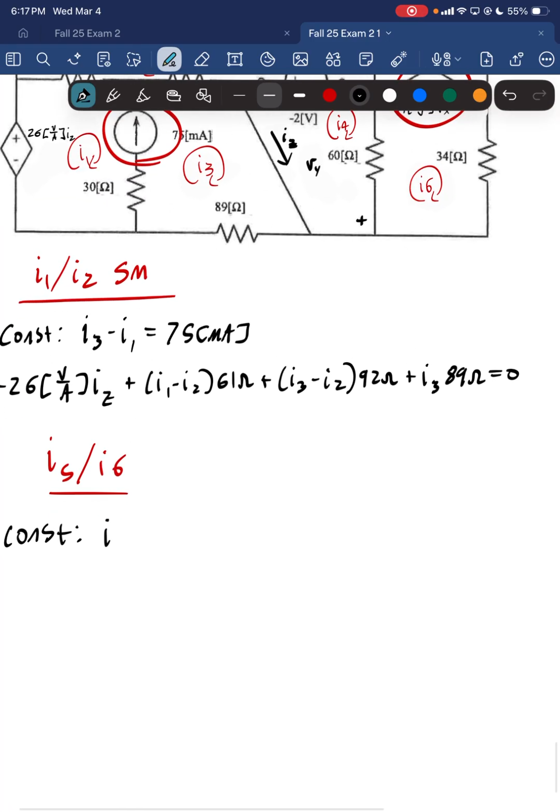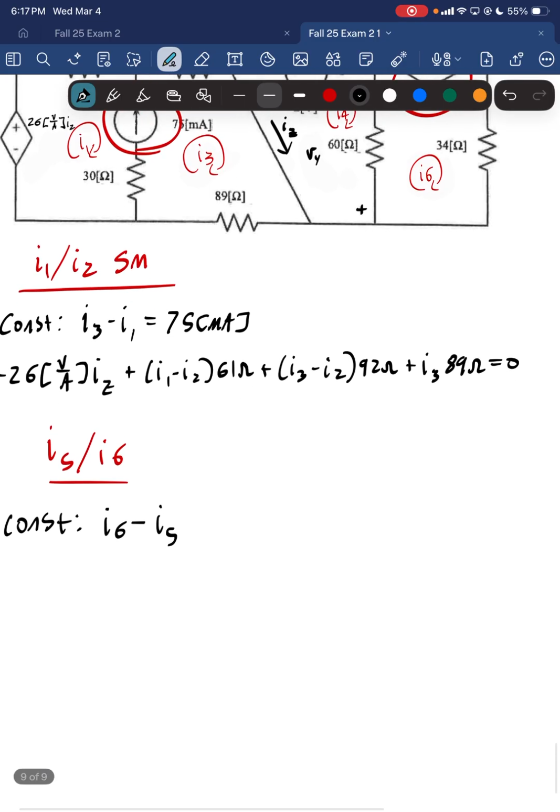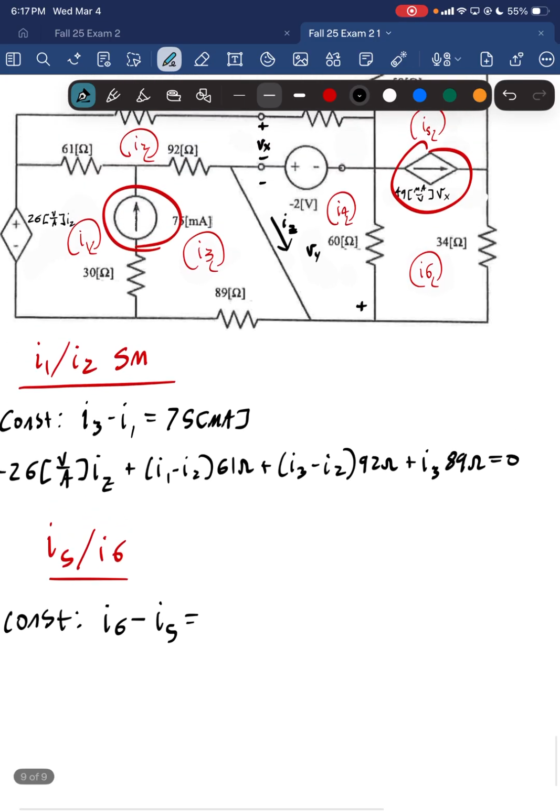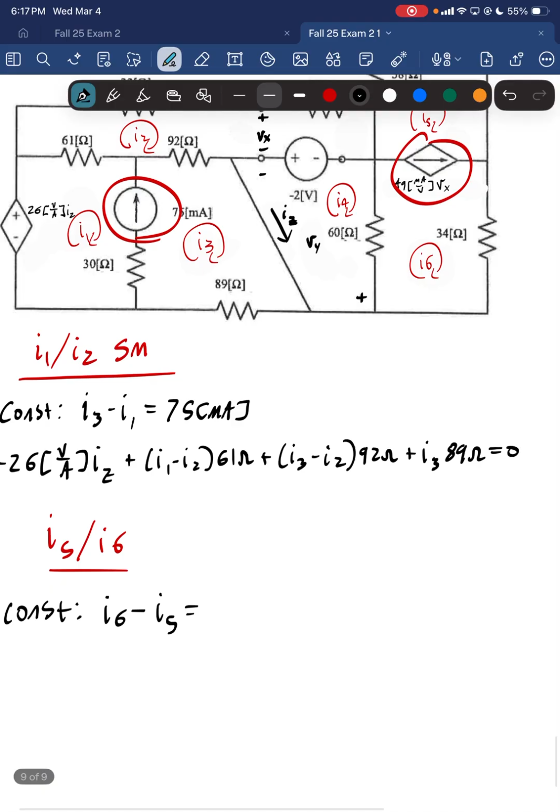You get that, Brandon? Yeah, just the opposite way from how you said it. Should be I6 minus I5 equals 49 milliamps per volt times Vx.